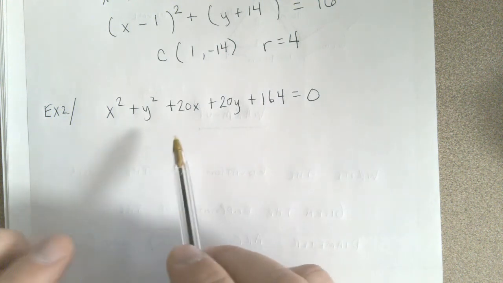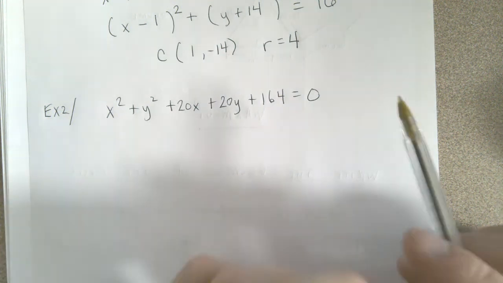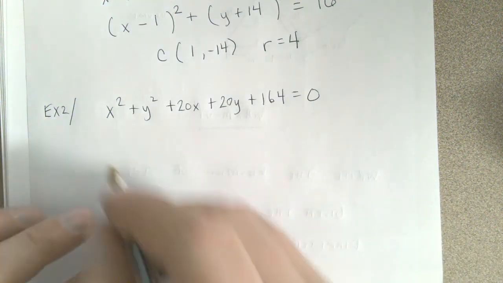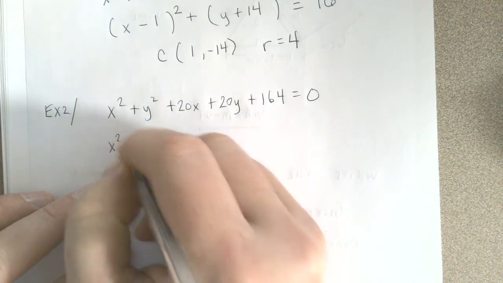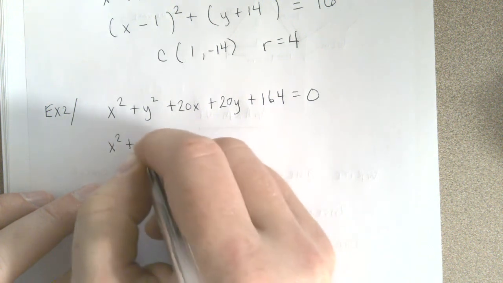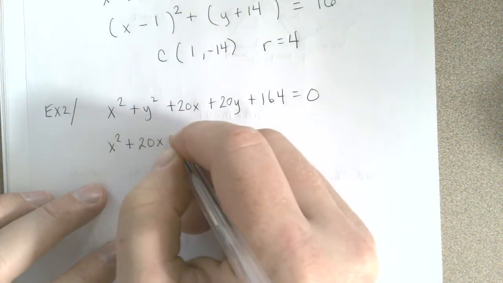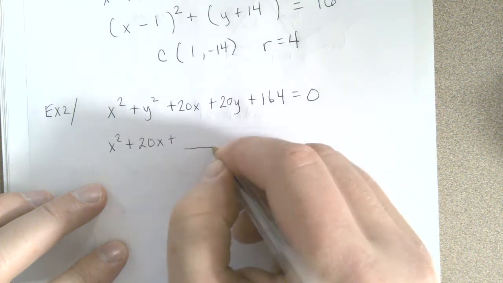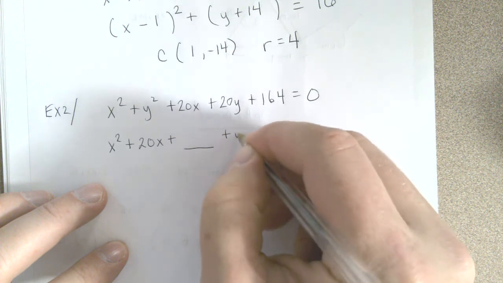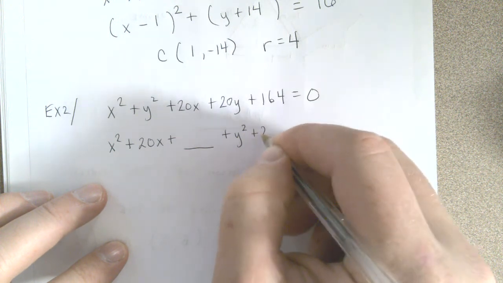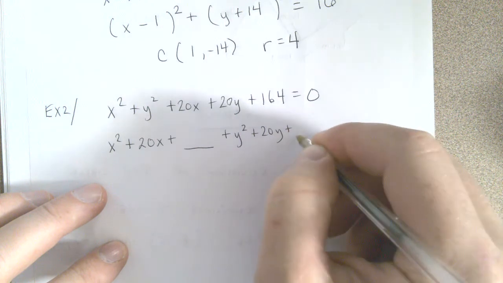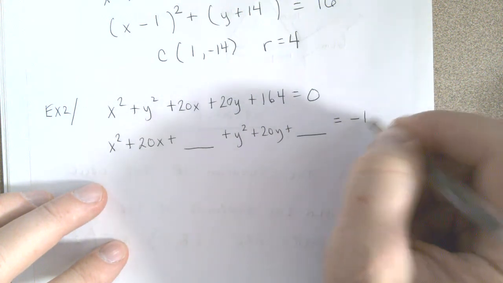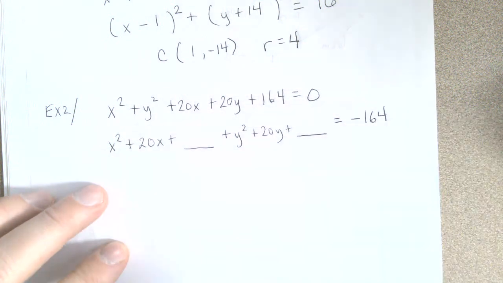Step 1, gather the x's, gather the y's, move the constant to the right. So when we do that, x squared plus 20x plus a blank, plus y squared plus 20y plus blank equals negative 164.